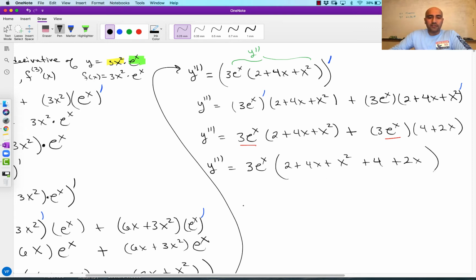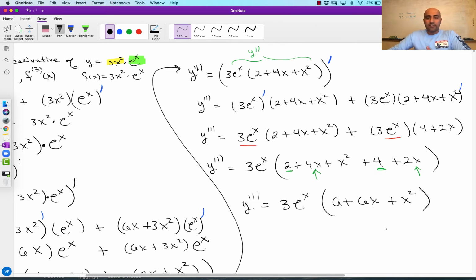So a couple things simplify, and we get the third derivative is equal to 3e to the x times, okay, 2 and 4 combine to give me 6. And now 4x and 2x combine to give me 6x. And finally, we get a plus x squared.